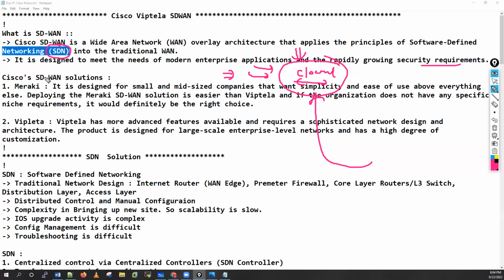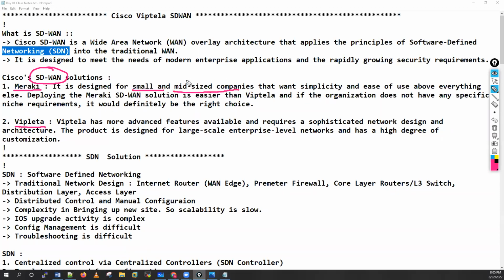Now, from Cisco, basically, Cisco has two types of SD-WAN solution. The first solution is Meraki, and the other one is Viptela. This Meraki solution is designed for small and mid-sized companies basically.